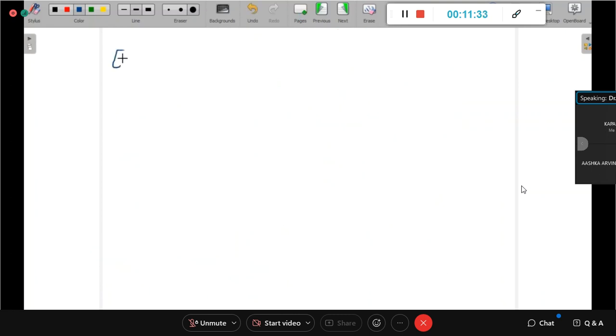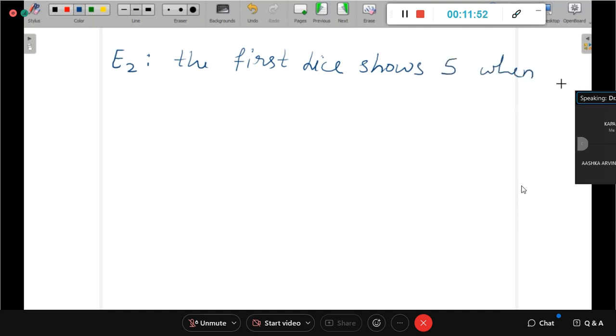Now I'm defining another event here, E2, that the first dice shows 5.